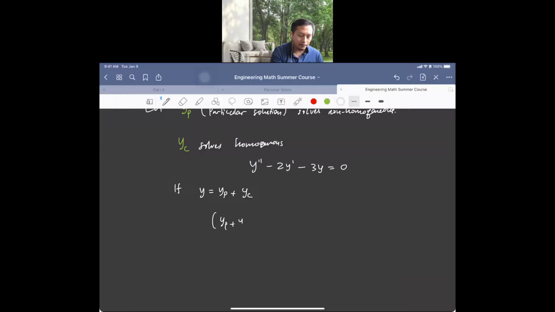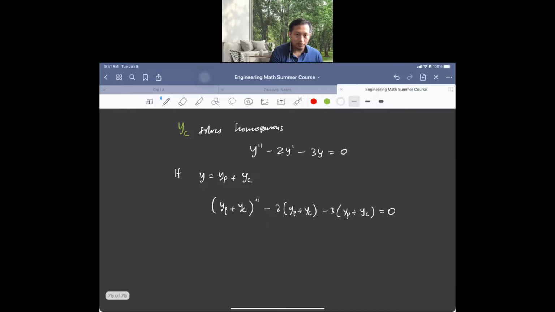So which means that if we try the solutions, we take the second derivative of these two, take the first derivative of these two, and just substitute into the last one. Let me just write like this. And this will be equal to yp double prime.